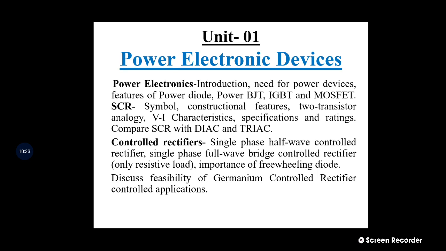In the semiconductor devices subject, you have already studied the VI characteristics of BJT, IGBT, MOSFET, SCR, DIAC, TRIAC, and so on. Again, the same topics will be repeated in unit number 1, power electronic devices. Again, you are going to study the characteristics of these semiconductor devices such as BJT, IGBT, MOSFET, SCR, DIAC, TRIACs, and so on.